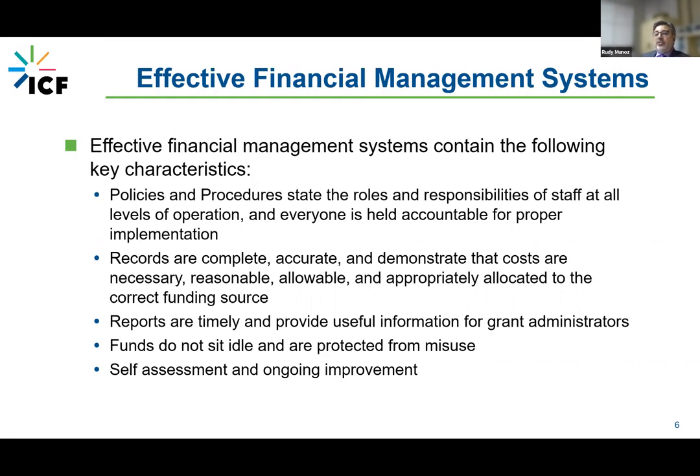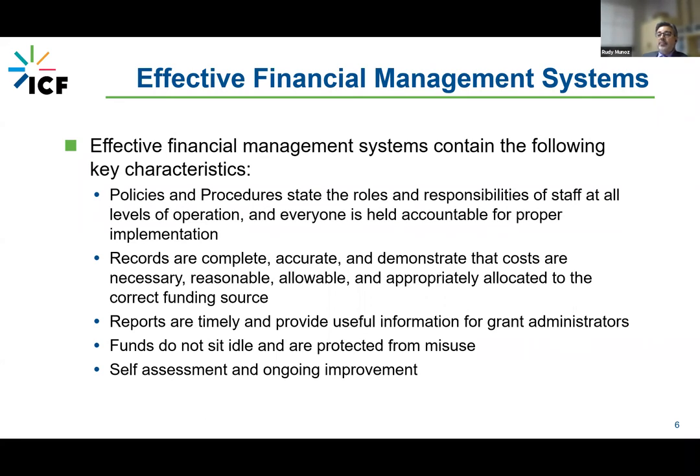Written standards should ensure that everyone is aware of their responsibilities and that they are held accountable for ensuring that their tasks are implemented correctly, so that as a whole the program is implemented in accordance with the regulations and requirements.